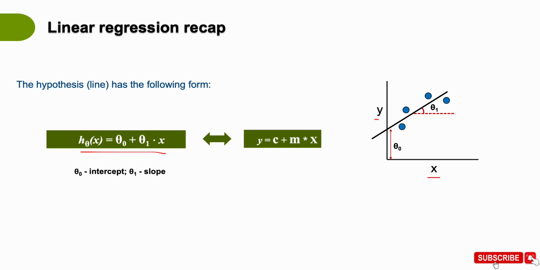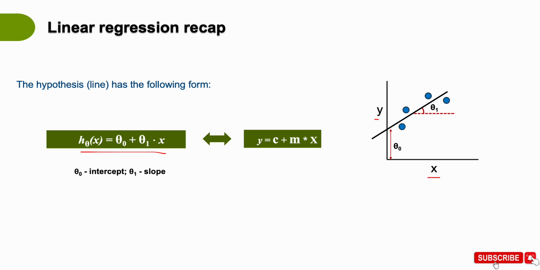Now a point to highlight here is that when we assume this relationship between x and y is linear, it does not necessarily mean that this has to be a straight line. This could be any other curve.